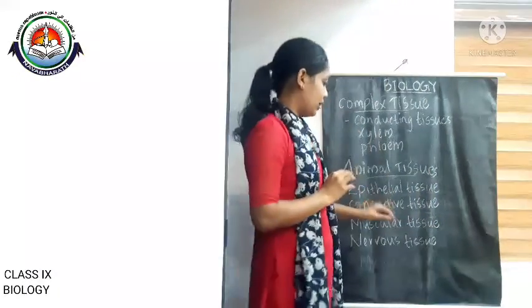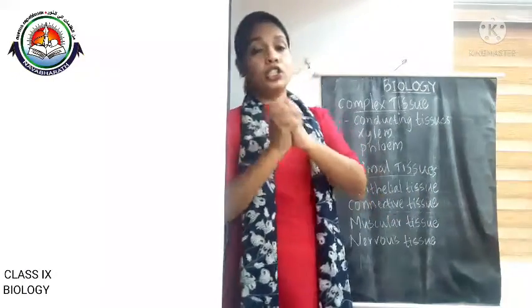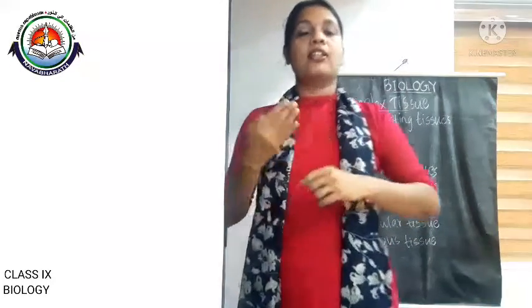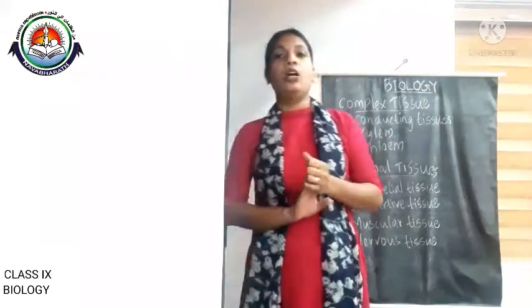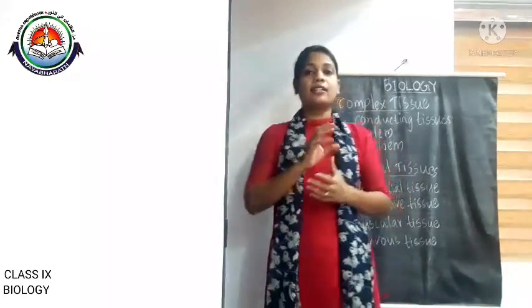And there is another type of connective tissue called adipose tissue, that helps in the storage of fat. We know that beneath the skin the fat is stored, so it contains fat globules. And since it is present between the internal organs, it acts as an insulator in our body.